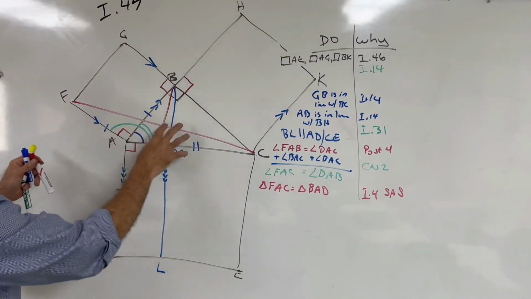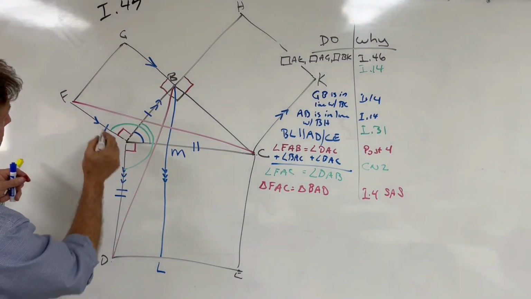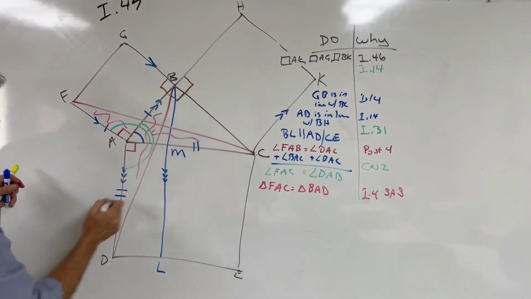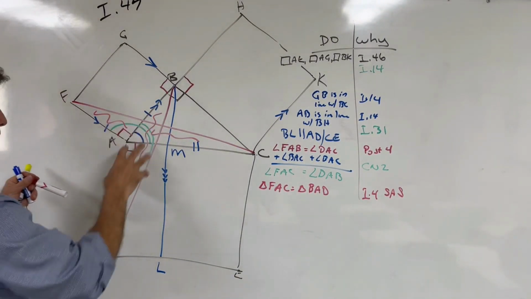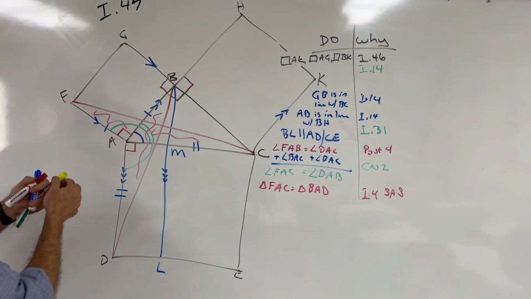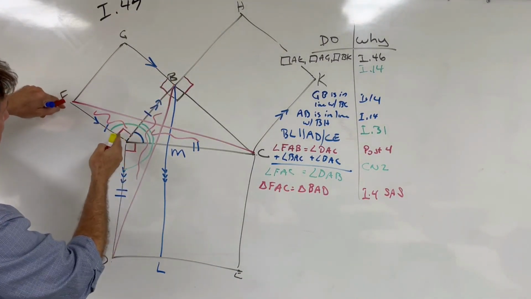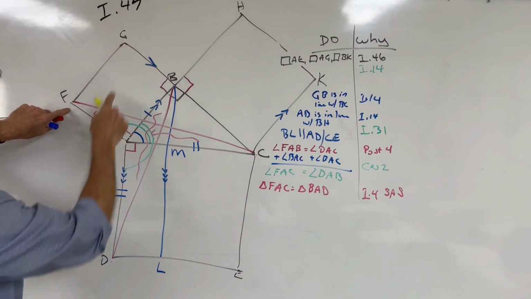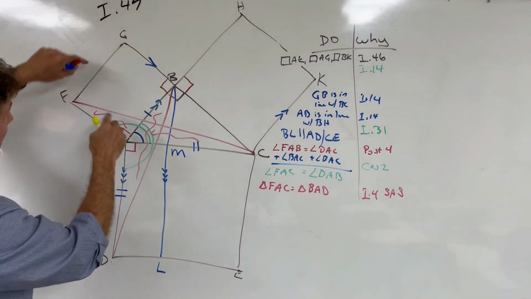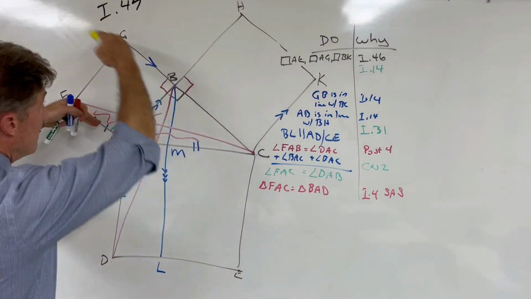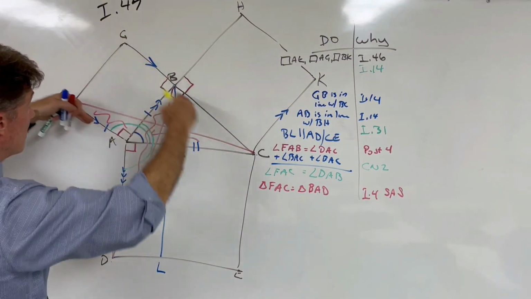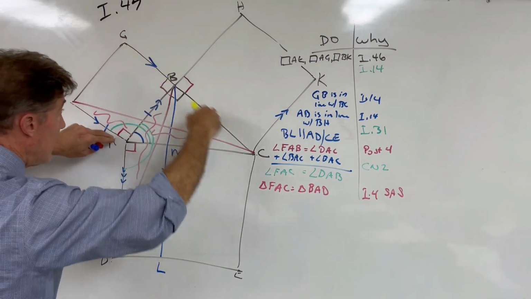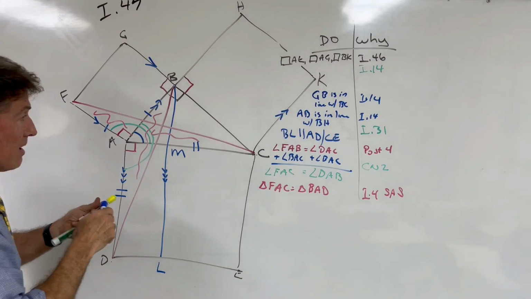Now that we've proven that these triangles are equal, let's highlight this. Here's one triangle, here's the other triangle. Both of those red triangles are equal to each other. Now let's look at this square here, this parallelogram. What we can see is that parallelogram AG is on this base and contained within these two parallels. And this triangle is on the same base and likewise contained within those two parallels.